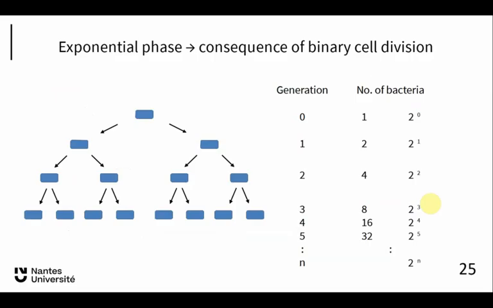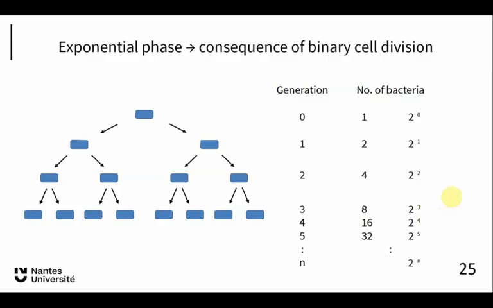Okay, so that's the different phases of bacterial growth. And this exponential phase, why is it exponential? It's simply because bacteria grow by binary division, right? So when you start, one bacterial cell will divide into 2. And then in the next generation, these 2 cells will divide into 4, and then 8, and so on.